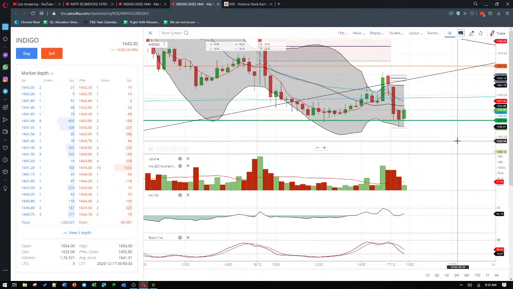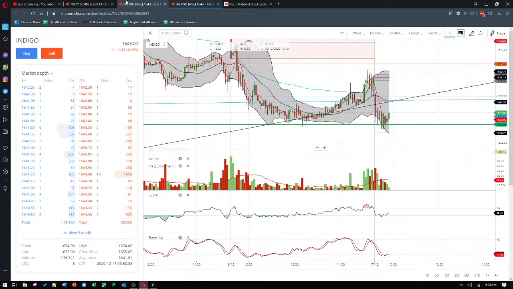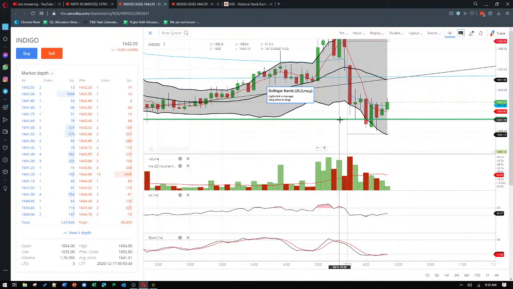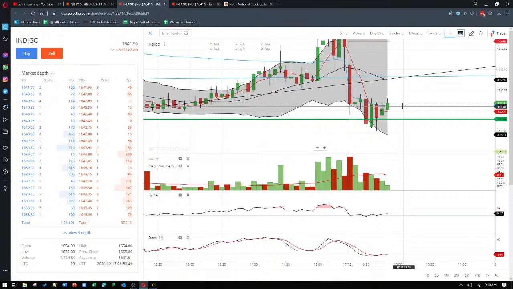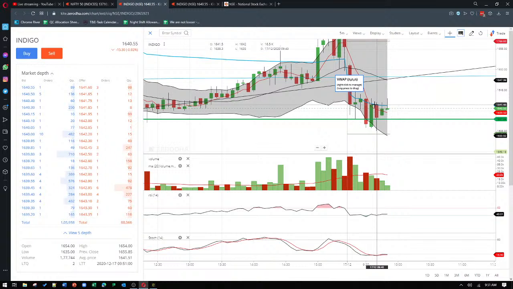Let us see what's happening with 5 minutes. The previous candle almost closed above the moving average, this line, and the second candle is actually trading above the moving average, but now trying to play somewhere near the VWAP.